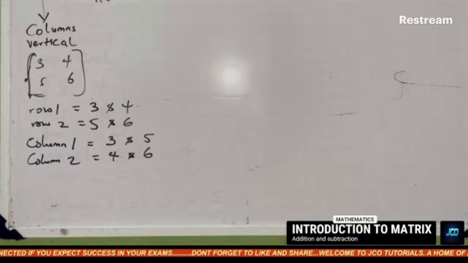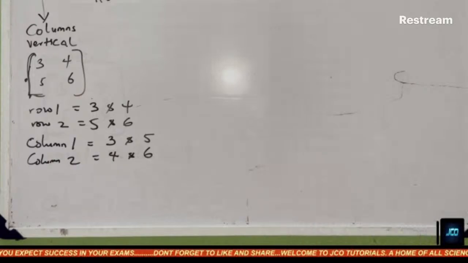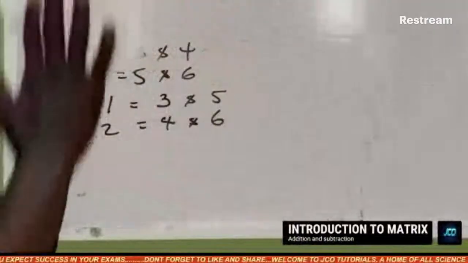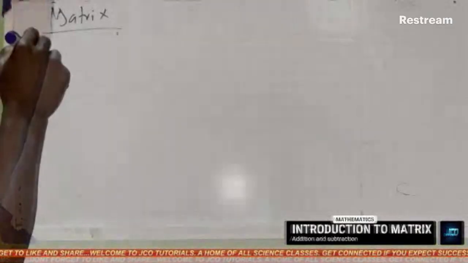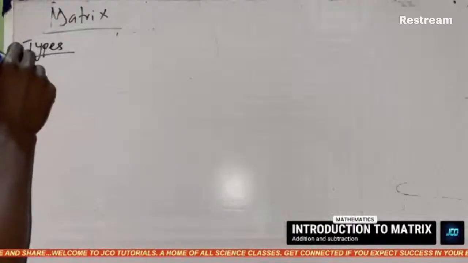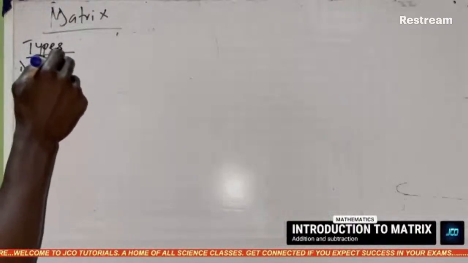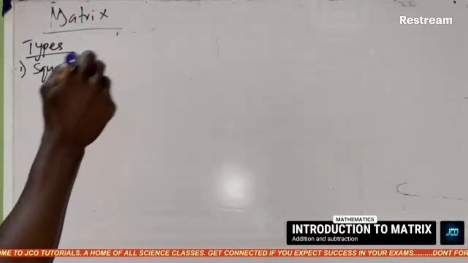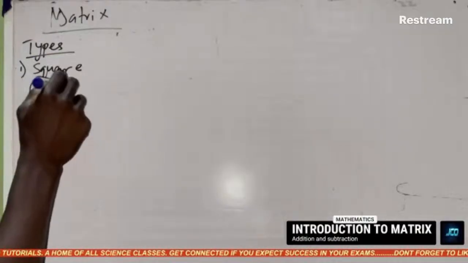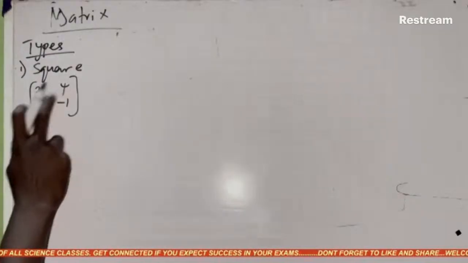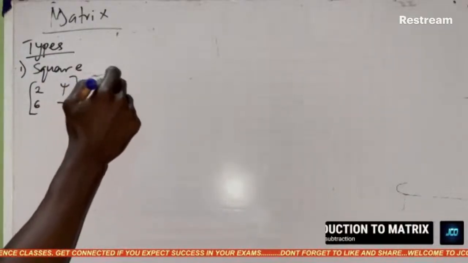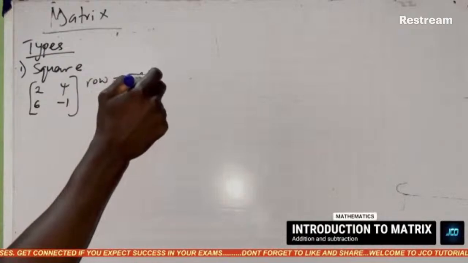There are several types of matrix which we look at. Number one is the square matrix. In this square, you have maybe 3, 4, 6, minus 1. This is square because the rows equal the columns. In square, the row is the same as the column.